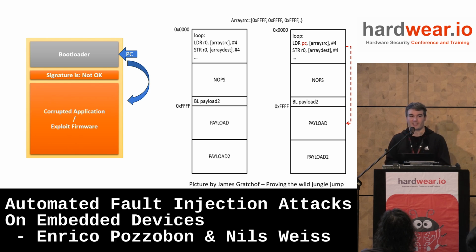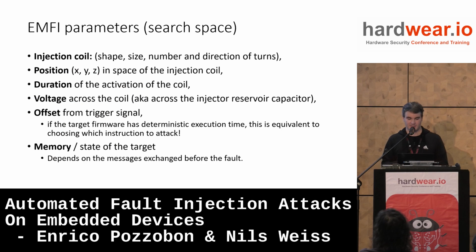So if the program counter is corrupted to be any of the addresses that we control, we could potentially jump to our exploit firmware. So this is the plan, and there are some parameters that need to be set in order to be able to inject a successful fault, in order to cause a corruption of the program counter.